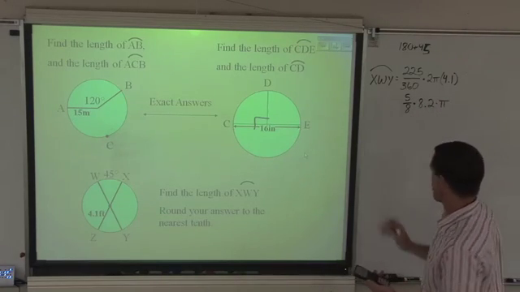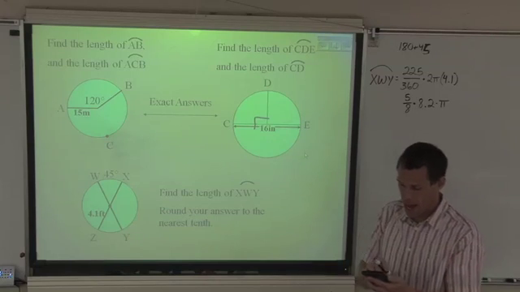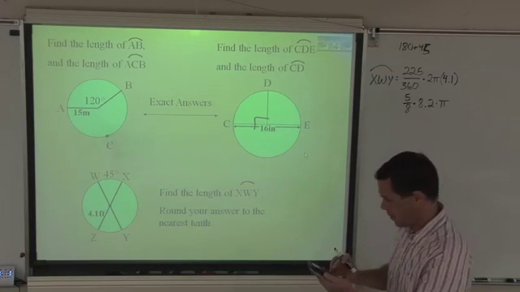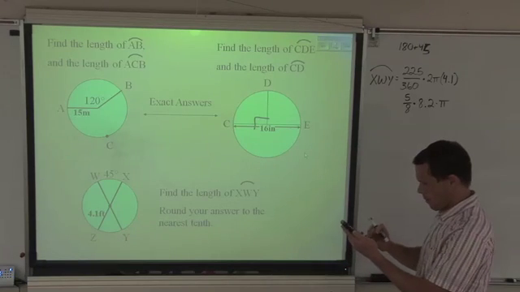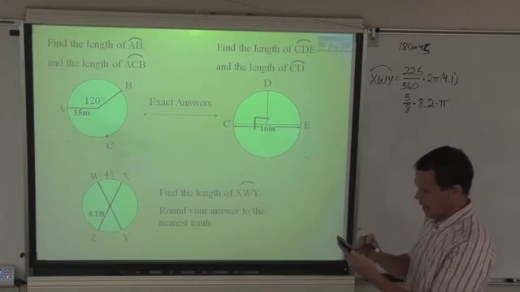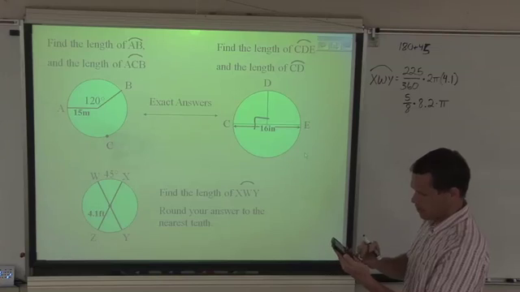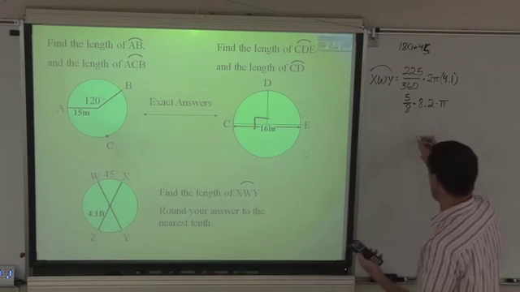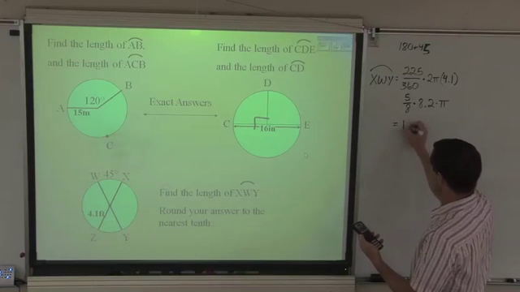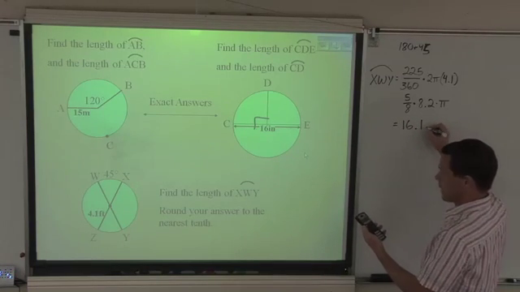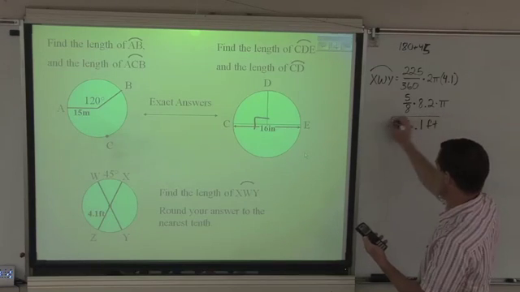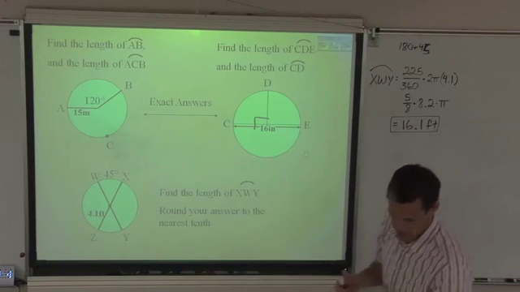Now all of this, if you put it together, is 5 divided by 8, that's that 0.625 number, times 8.2, and then I multiply that by the value of pi, which comes out to approximately 16.1. 16.1, and it becomes units, which is feet, and there is my final arc length.